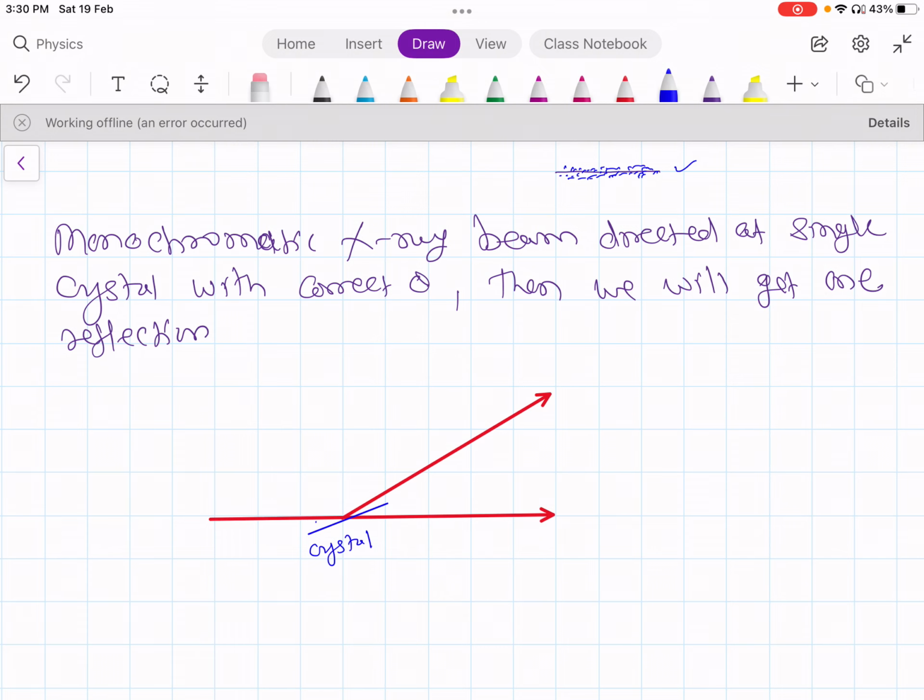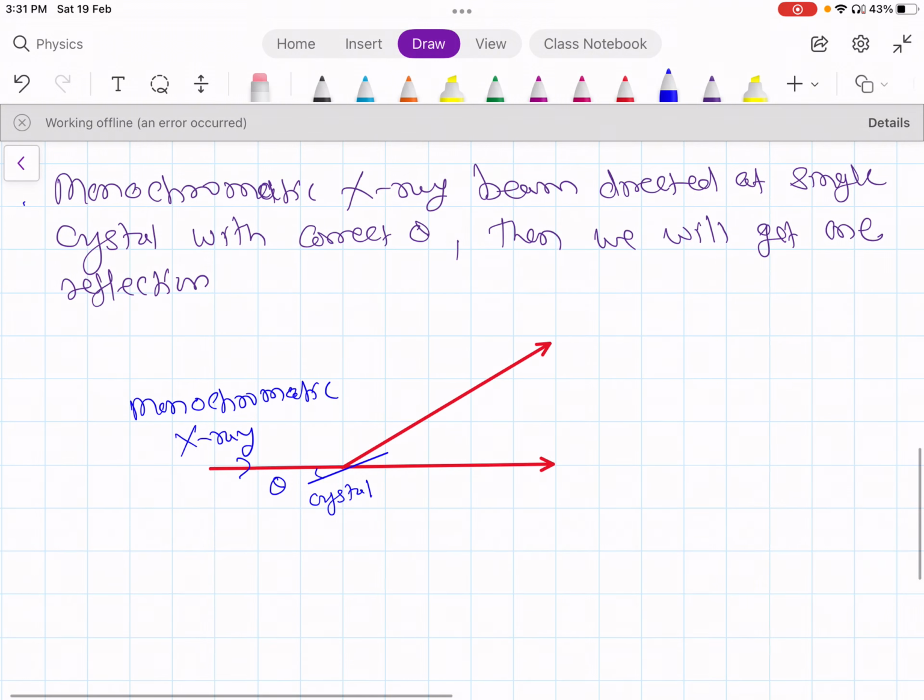This is the X-ray, which is a monochromatic X-ray, and this angle is theta, and this theta satisfies Bragg's law, and so we get one reflection here.